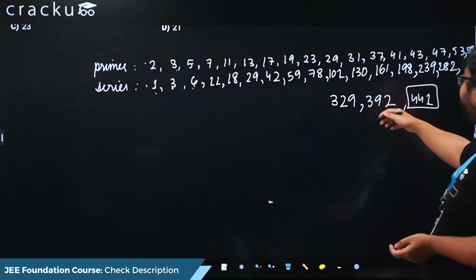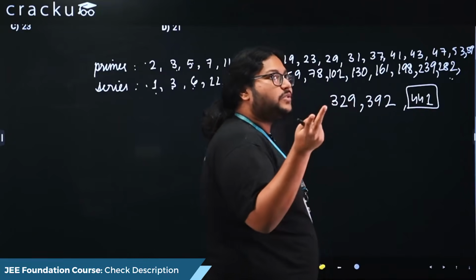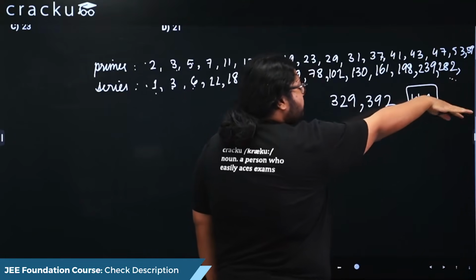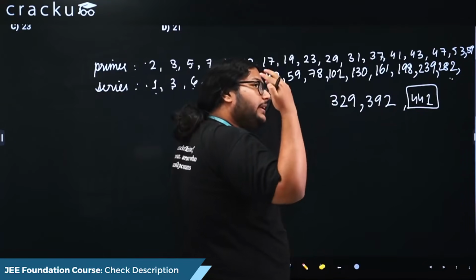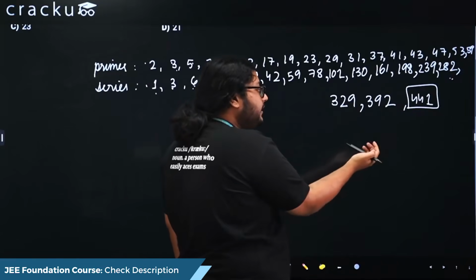Next we have 17 square, which is 289. This is also close but not quite. Similarly, 18 square is 324. Again, 329, close but not quite.